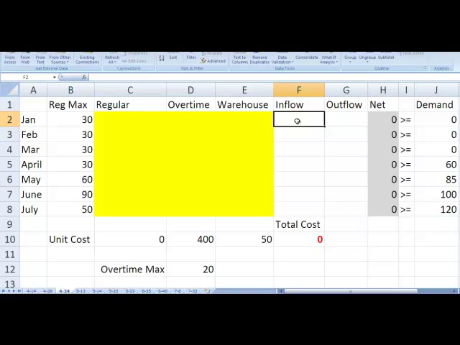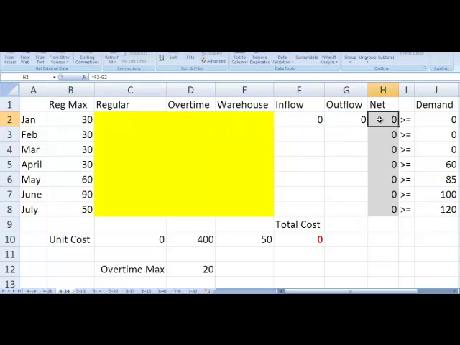Inflow. I have nothing for inflow during the first period. So let's drop down to the second period. Inflow, that's incorrect. Inflow for the first period will be regular production plus overtime production. Outflow will be the warehouse.